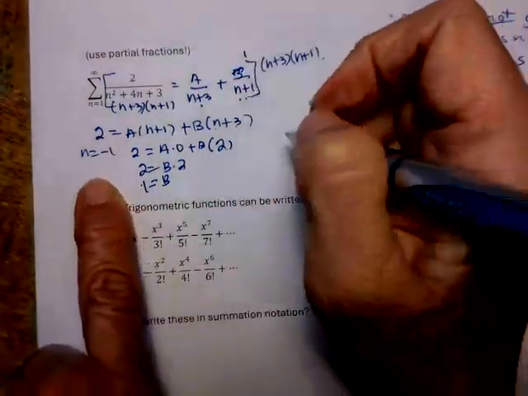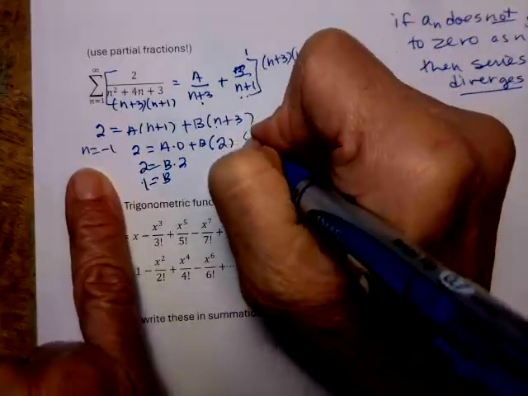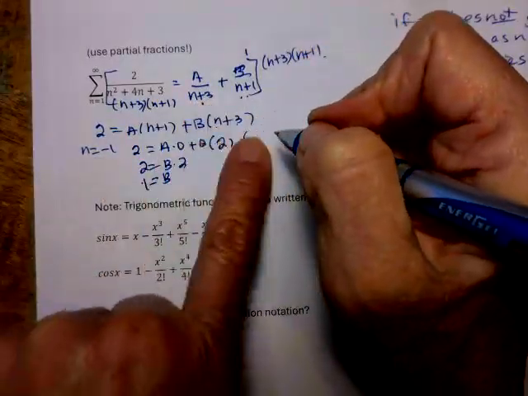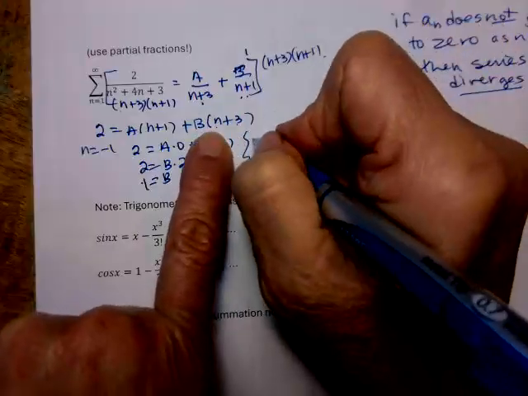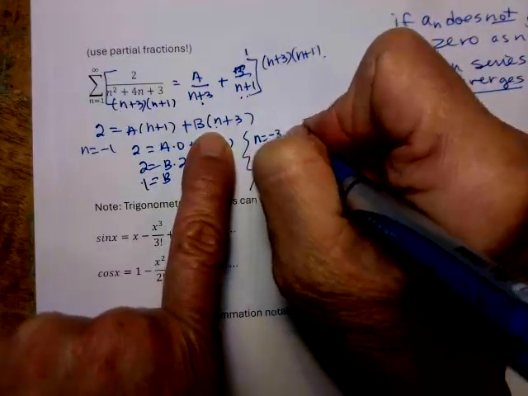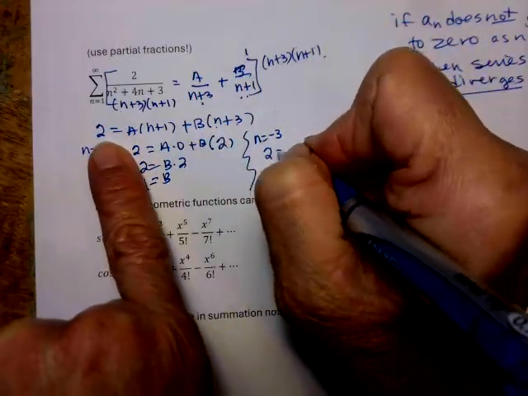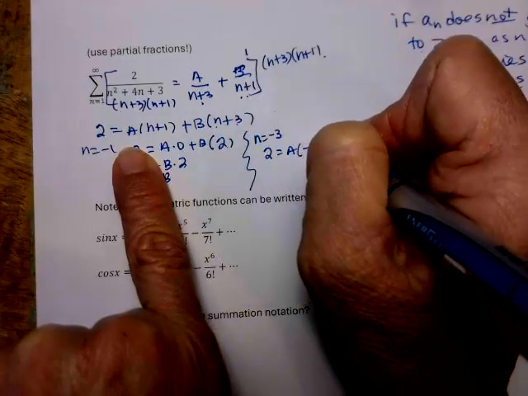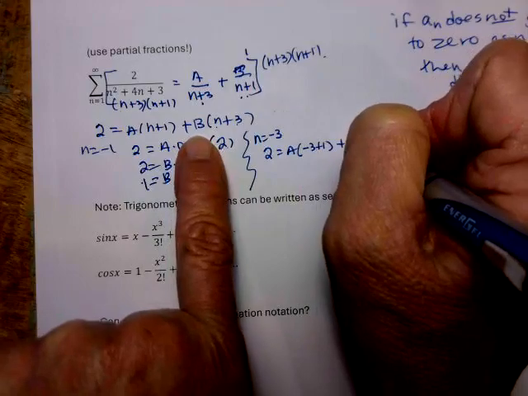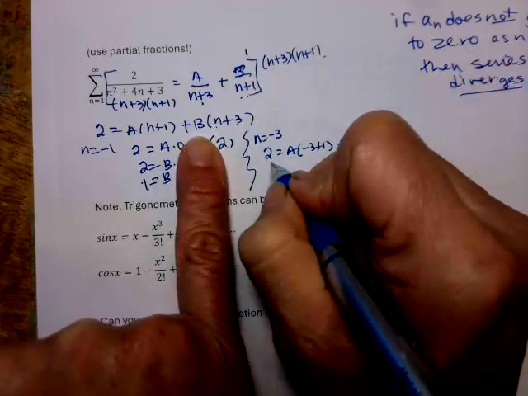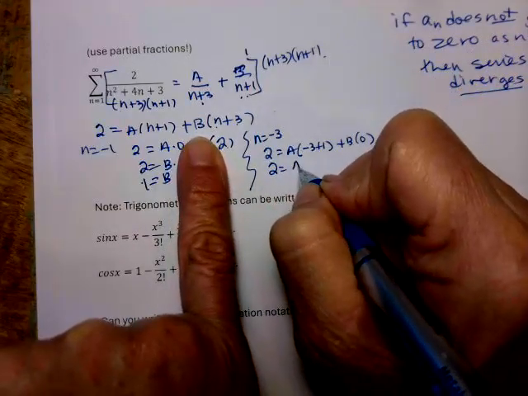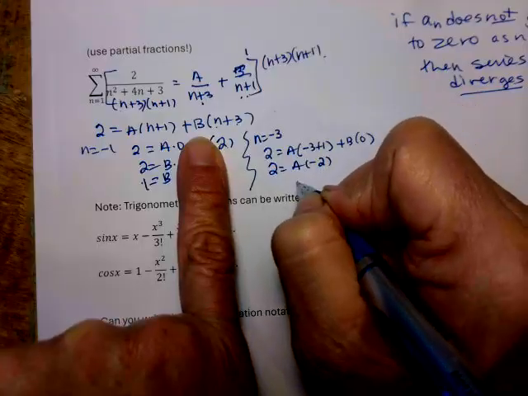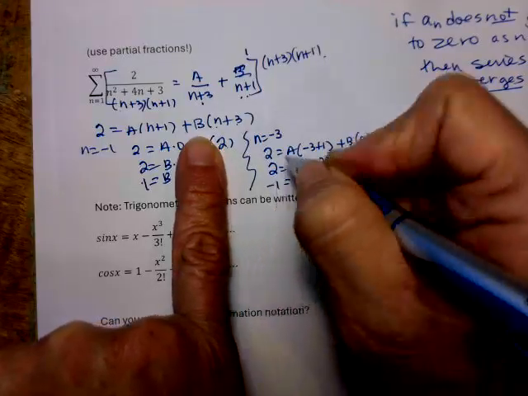To find a, we'll let n equal -3. That gets rid of our b there. 2 equals a times -3 plus 1 plus b times 0. 2 equals a times -2. A is -1. Nice.